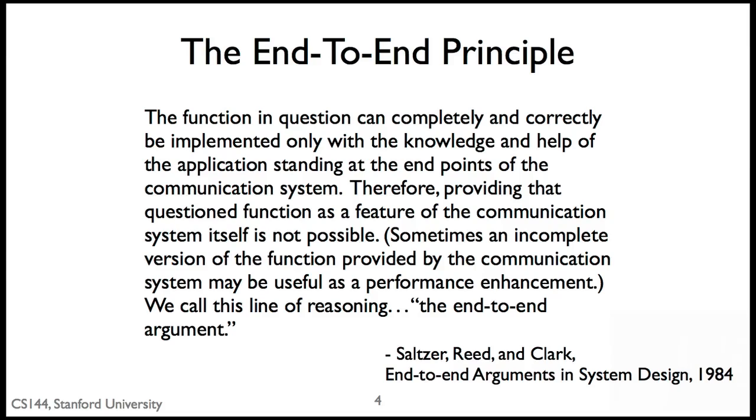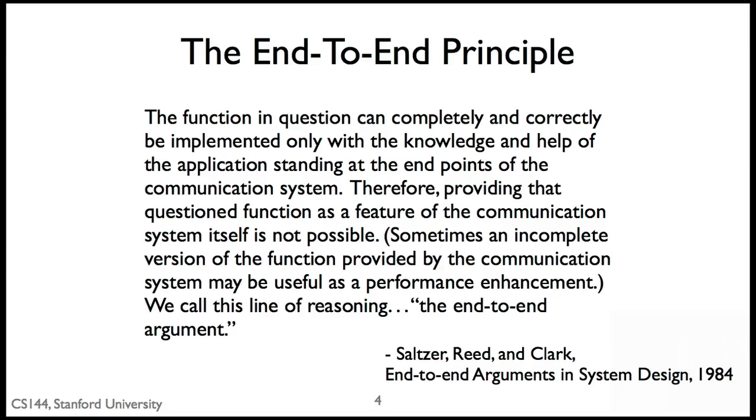It's actually been around for many years before the internet, but when the internet came along, this was the biggest application of this principle, and so it has become very widely used as a defining principle in many computer systems since. While this principle existed for a long time before the internet, it was really written down and codified in this very seminal paper by Salzer, Reed, and Clark called End-to-End Arguments in System Design. It was published in 1984.